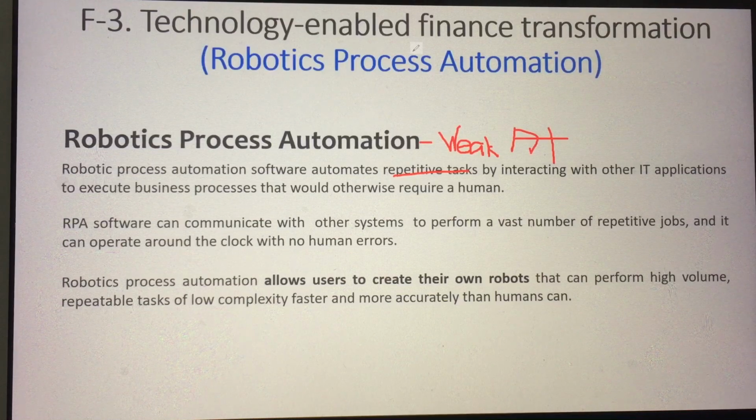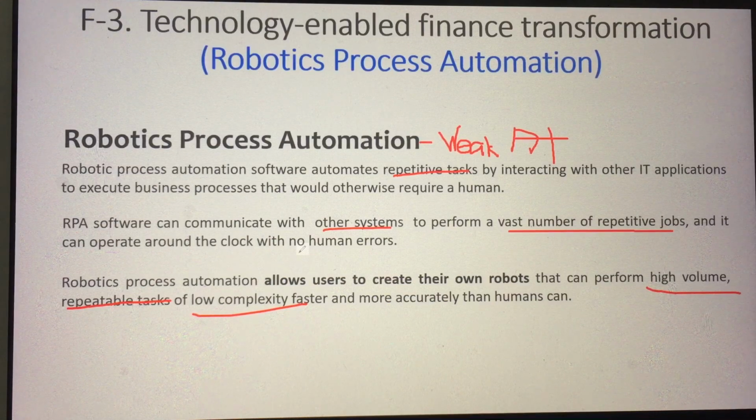So, RPA software can communicate with other systems to perform a vast number, again, take note, of repetitive jobs. And it can operate around the clock with no human errors. Okay? So, usually, ginagamit natin your RPA for high-volume, repetitive tasks, low complexity, no? Faster and more accurate than humans can.